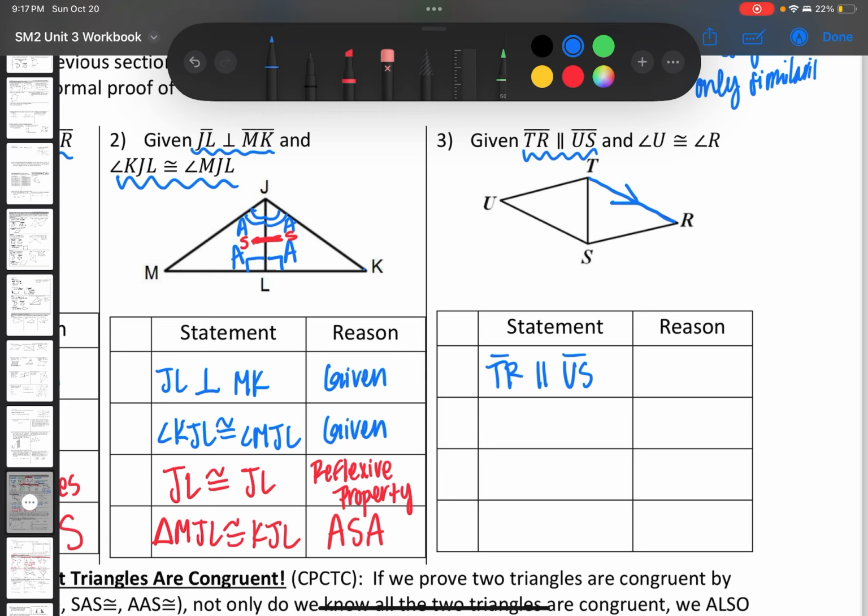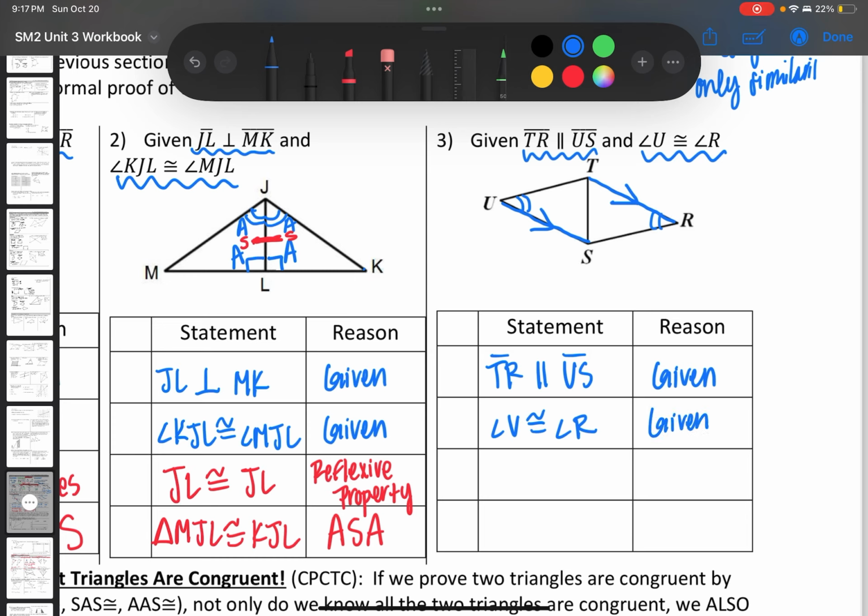It is parallel to US. And how I know that is because it's given. And then I also know that angle U is congruent to angle R. So let's mark that. Angle U is congruent to angle R, and this is given.